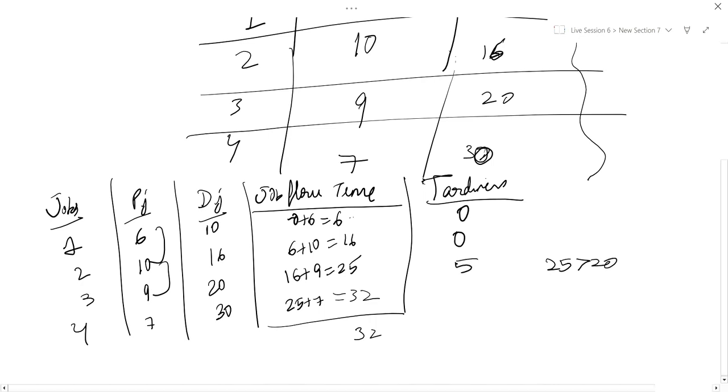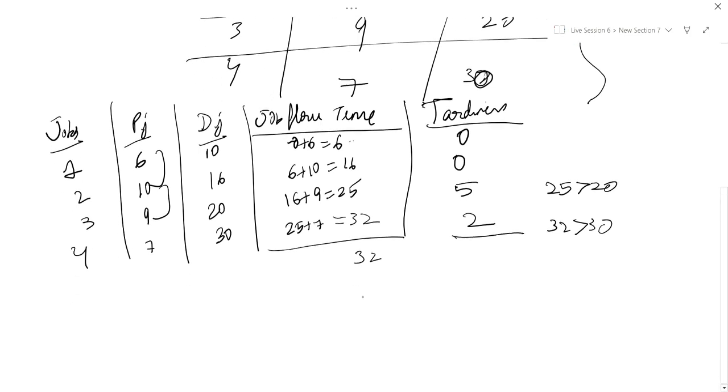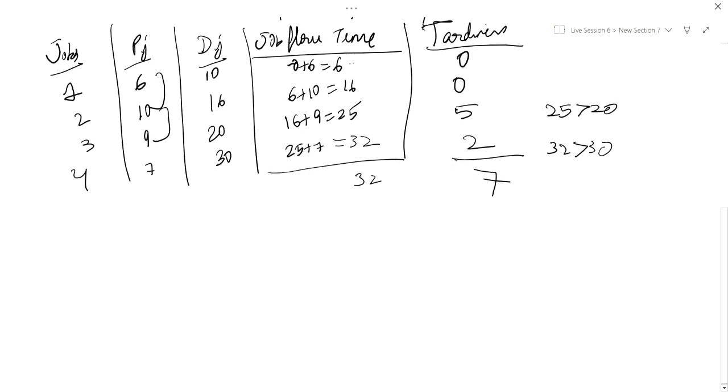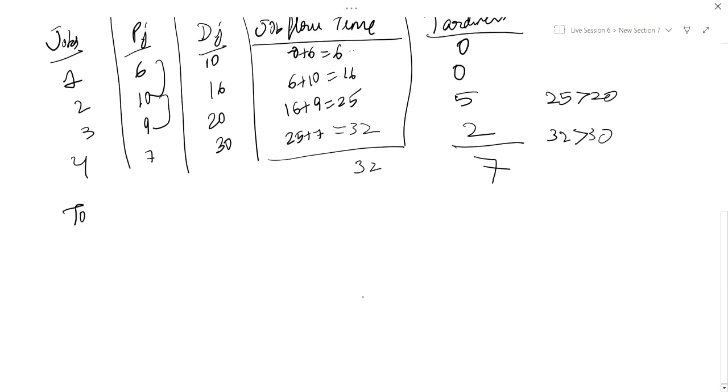So the tardiness is 5. Again here, next, job flow time 32 is greater than 30, by 2 days. The tardiness is 2. So here the total tardiness is equal to 2 plus 5, 7.